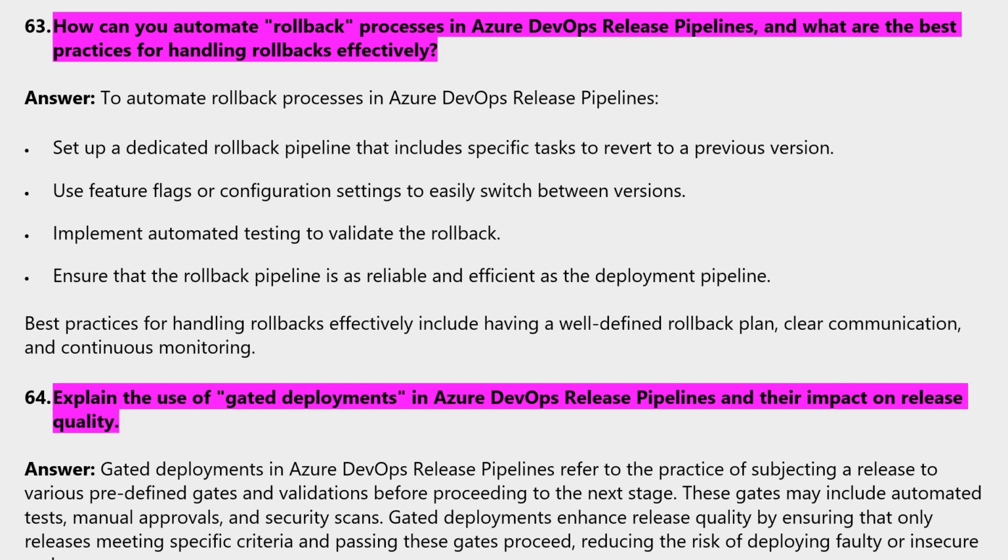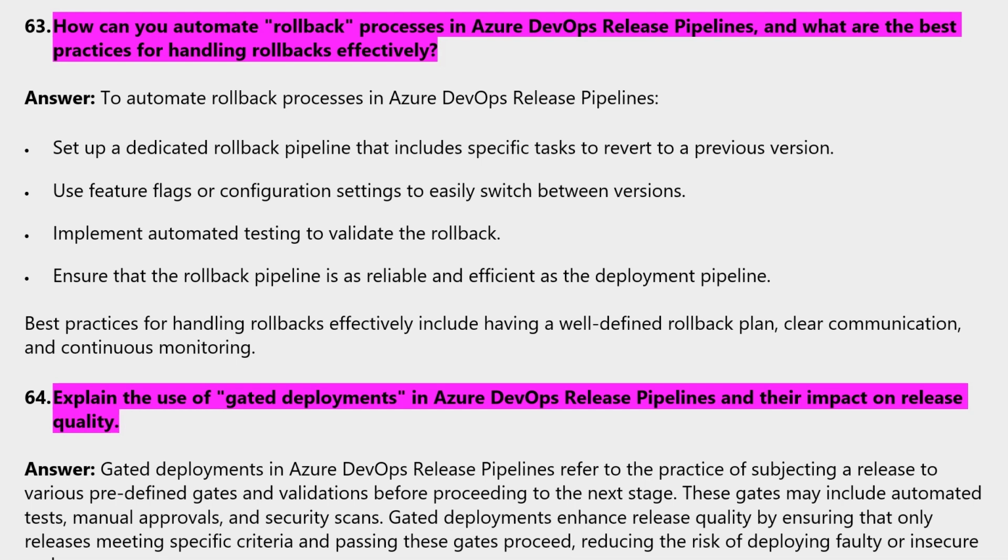Use feature flags or configuration settings to easily switch between versions. Implement automated testing to validate the rollback. Ensure that the rollback pipeline is as reliable and efficient as the deployment pipeline. Best practices for handling rollbacks effectively include having a well-defined rollback plan, clear communication, and continuous monitoring.